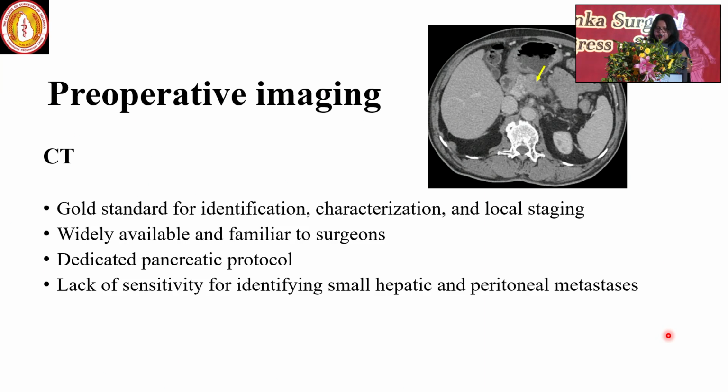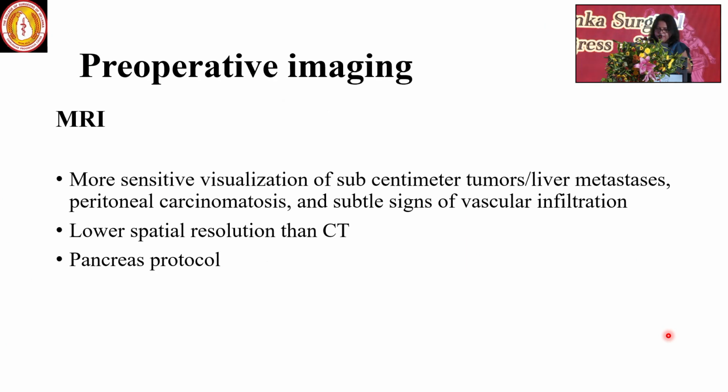The limitation is lack of sensitivity for identifying small hepatic and peritoneal metastasis. MRI is more sensitive in visualizing the small tumors, liver metastasis, peritoneal carcinomatosis and subtle signs of vascular infiltration. But the limitation is low spatial resolution compared to CT.